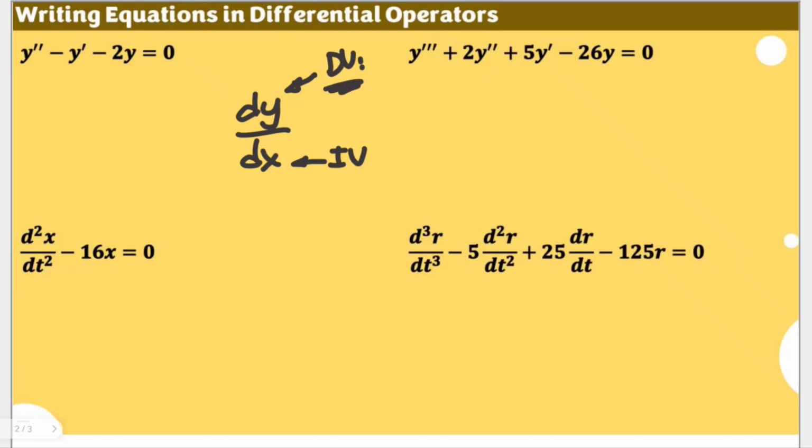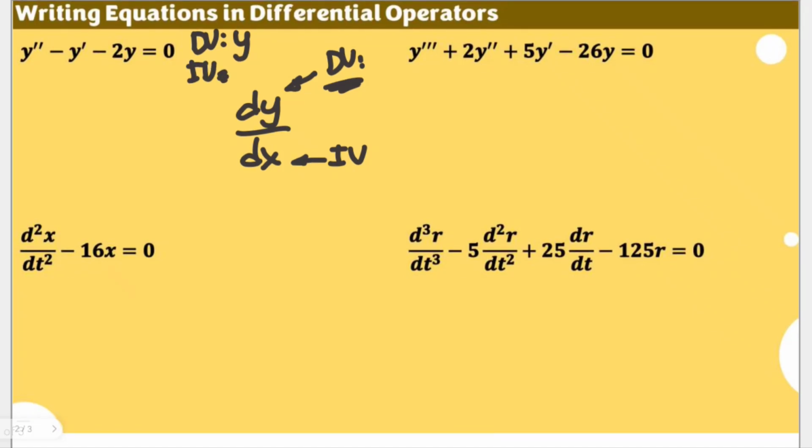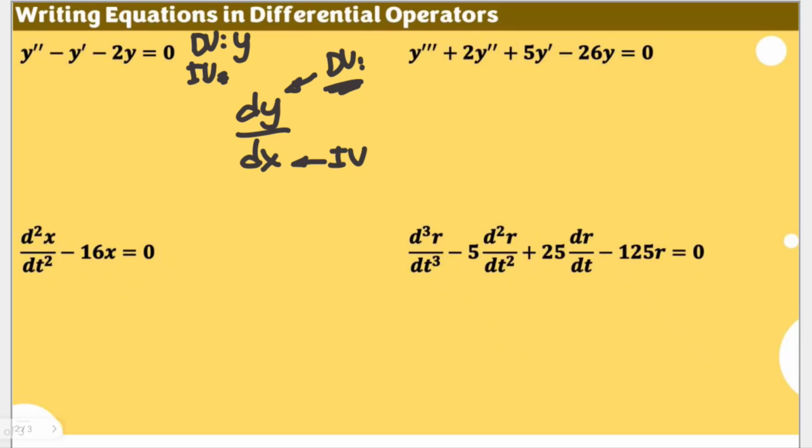Generally, in the first equation, your dependent variable is of course y, but your independent variable is not specified. The same is true with our second equation: the independent variable is not specified. Commonly we use x there, but since it's not specified, let's not use any in the meantime.